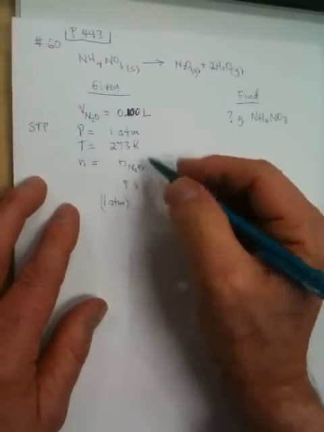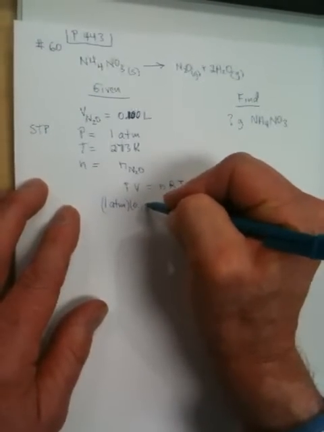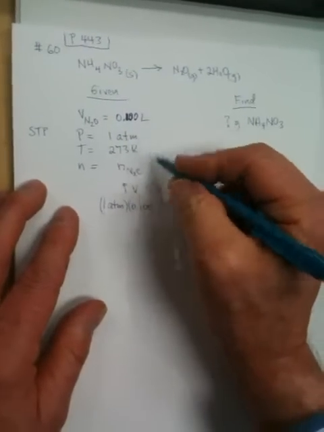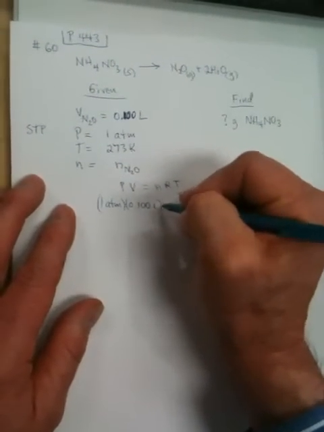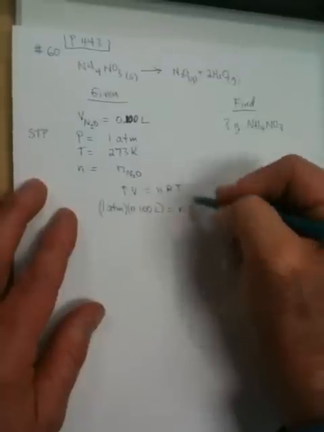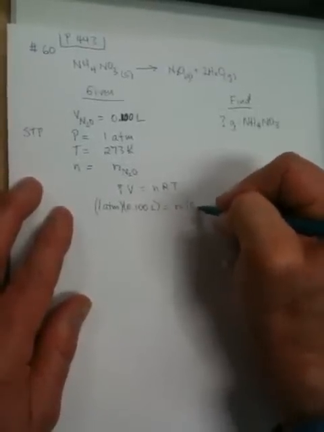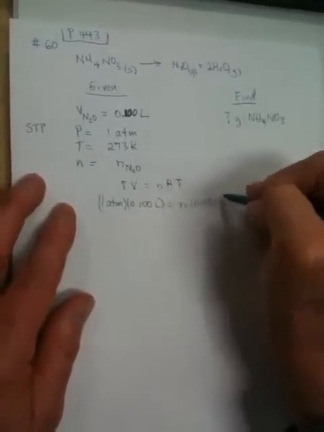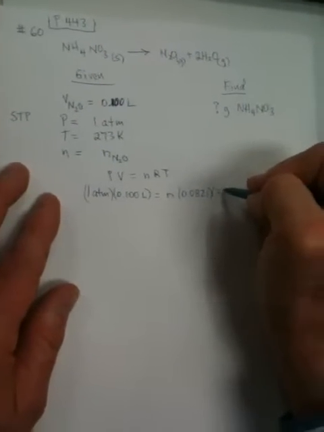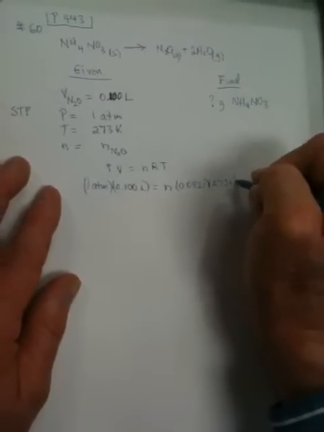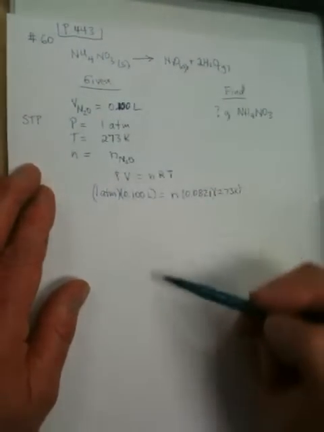Okay? So, pressure is going to be 1 atmosphere, and volume is going to be 0.100 liters, is equal to our moles that we're looking for, times R, which is 0.0821, and temperature is 273 Kelvin. Got all of that information up here.